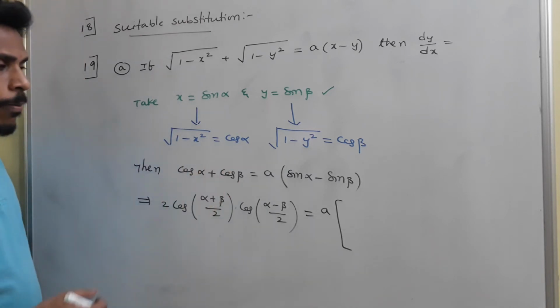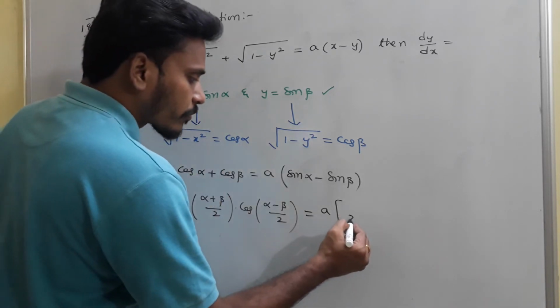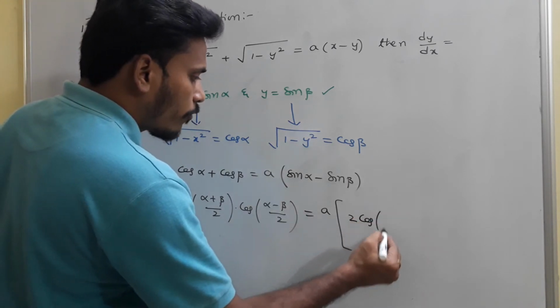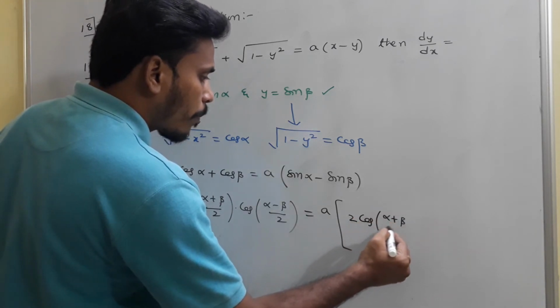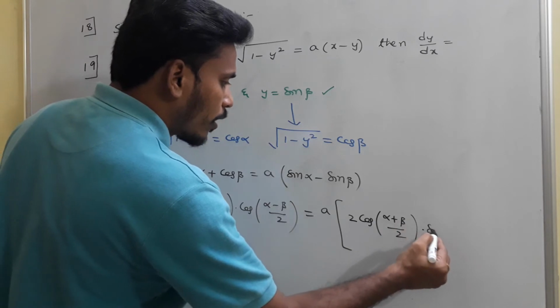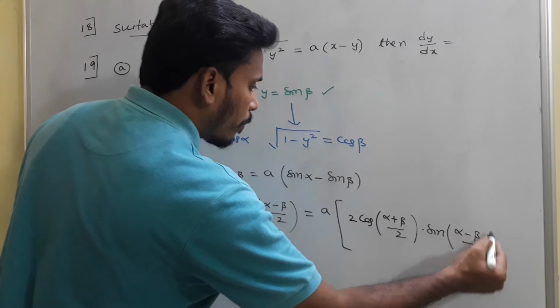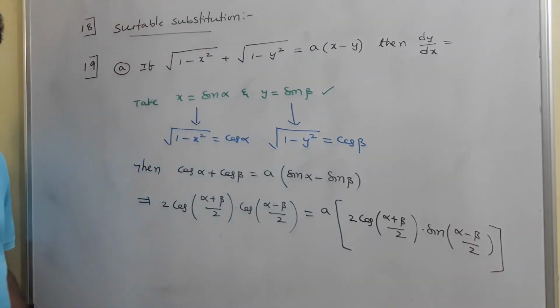For sin alpha minus sin beta, the trigonometric transformation result is simply 2 cos of alpha plus beta by 2 into sin of alpha minus beta by 2. Just have a look.